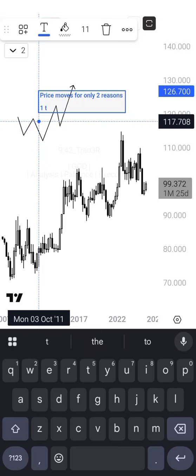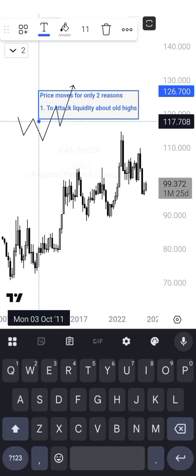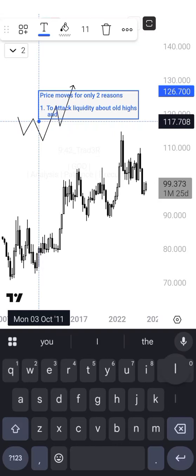One, to attack liquidity above old highs and lows.